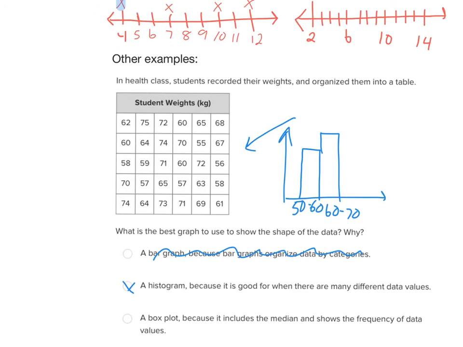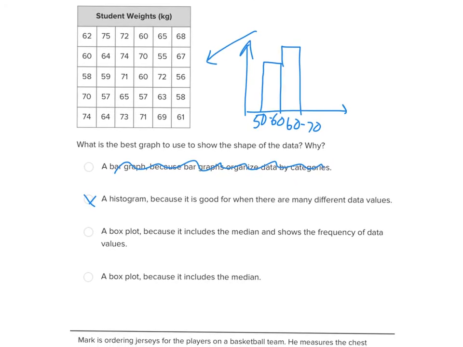Let's take a look at the other choices. A box plot would include the median, but it would not necessarily show the frequency of the data. The box plot wouldn't show how often certain things are on there. It wouldn't show how many 70s there are or how many 63s there are.